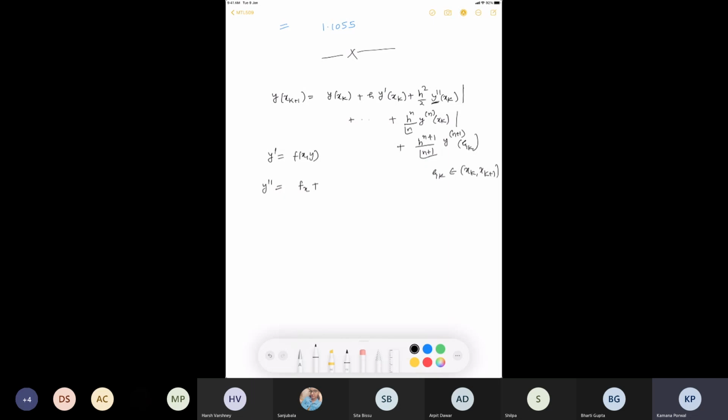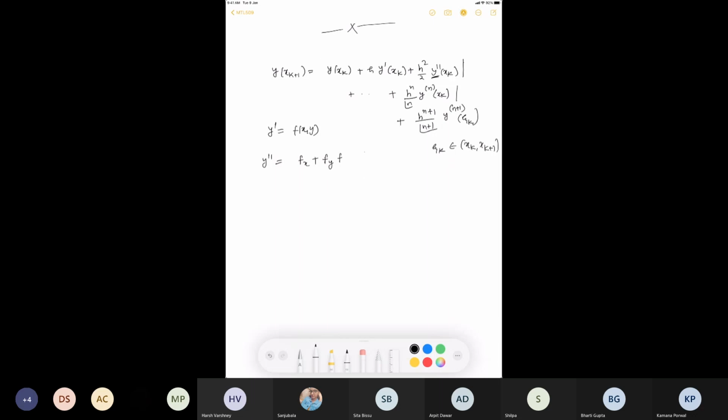So this will be the derivative with respect to x, and the derivative of x with respect to x is 1. And then I have a derivative with respect to y, and the derivative of y with respect to x is y prime, and y prime is f again. So I've simply applied the chain rule here.